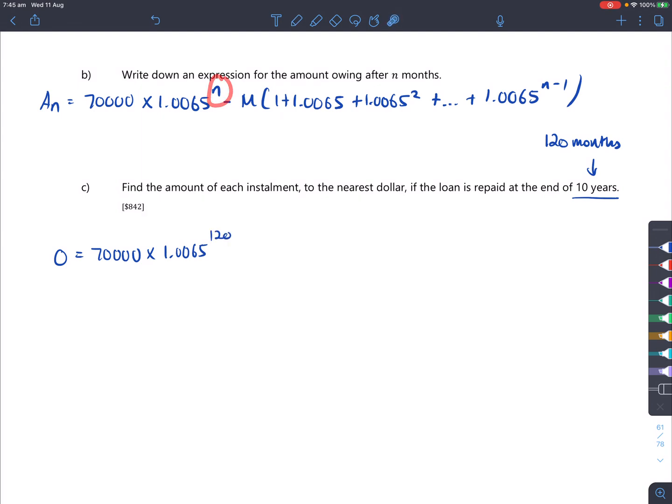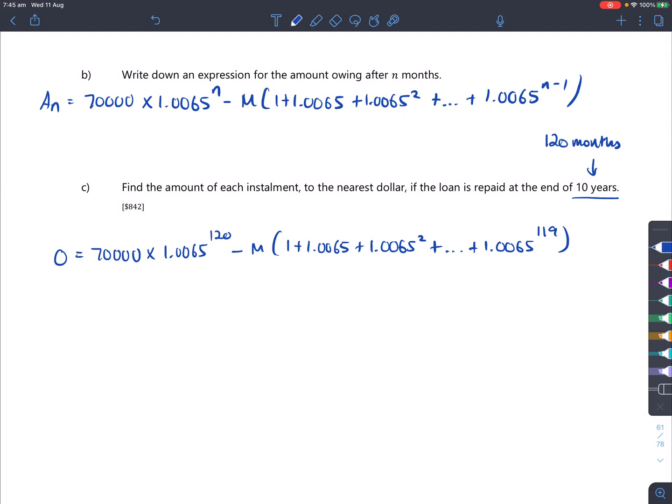That's our n value there. Minus M, bracket 1 plus 1.0065 plus 1.0065 squared plus dot dot dot plus 1.0065 to the power of 120 minus 1, which is 119.